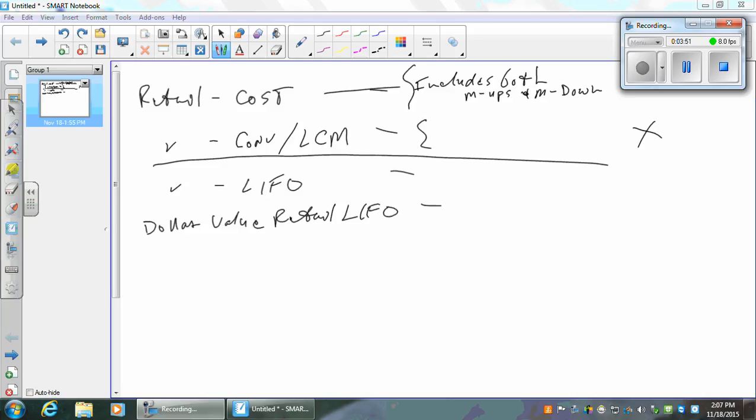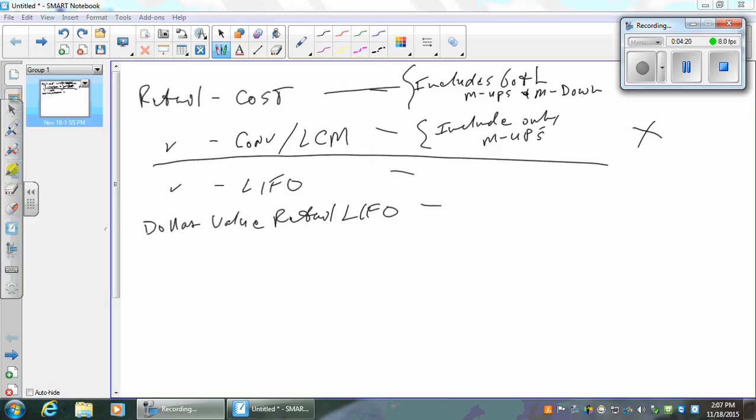Is it the lower? You want the lower? Yeah. So how are you lower of cost or market? My market estimate would be lower than my cost estimate, right? Okay, could be lower. So what am I going to try and do here? What do I include in my ratio? Just markups, right? Okay, which is going to give me a lower estimate.